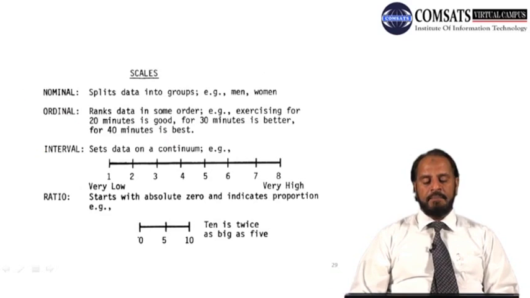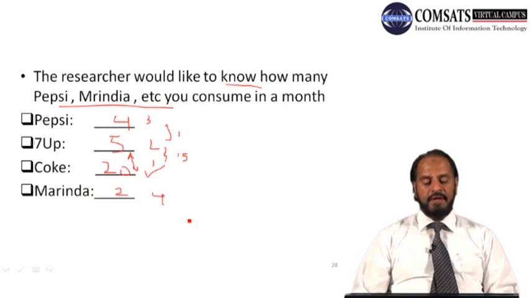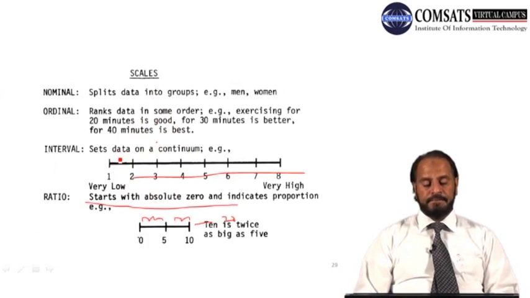Whereas the ratio scale starts with absolute 0, indicating the proportion; we can see the difference between the proportion from 0 to 5, 5 to 10, or 5 to 15, or 5 to 20. The proportions are easily seen on a ratio scale, because this information is generally not as evident in an interval scale.